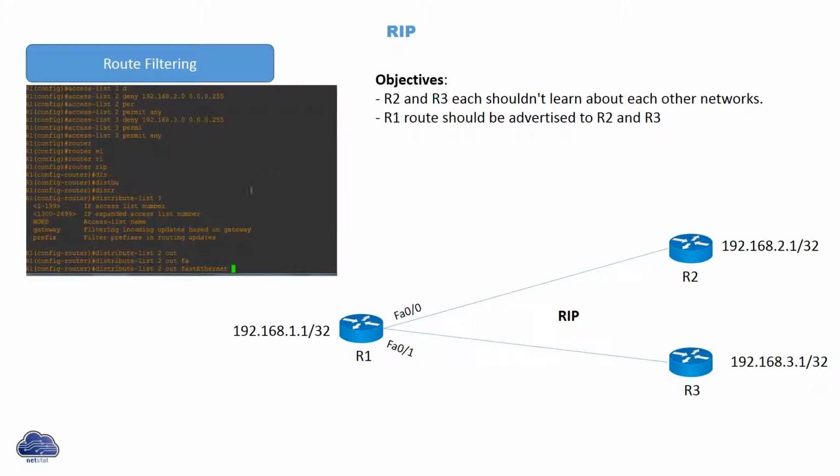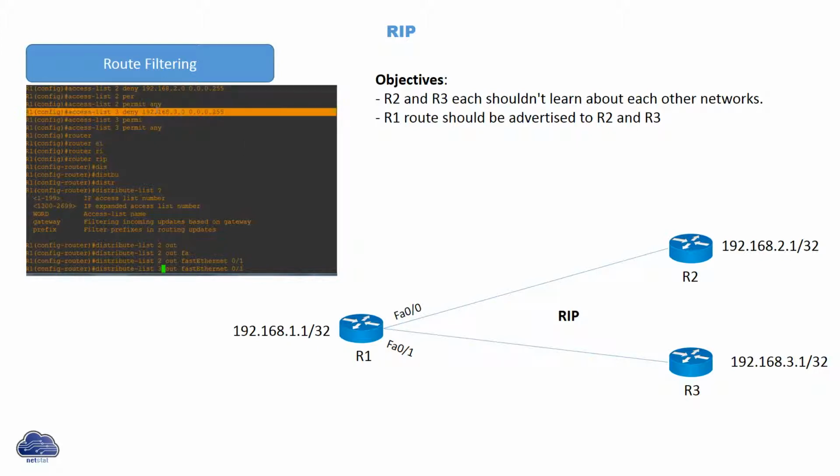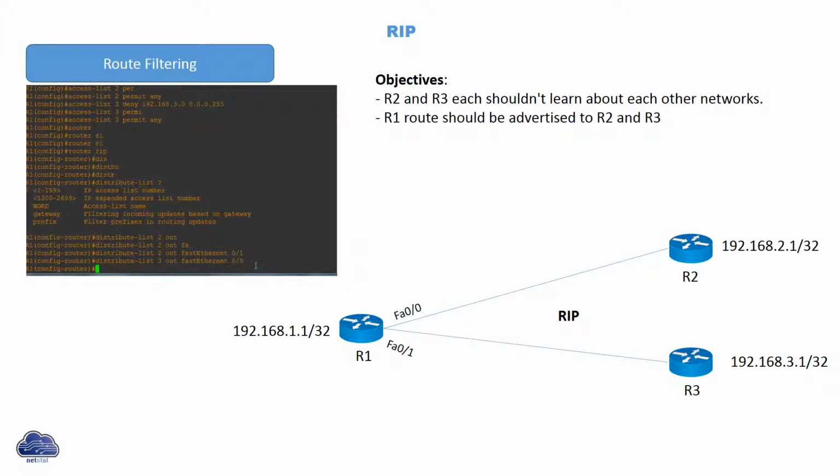Should be FastEthernet 0/1. And the same, we need to add a distribute list to apply access list 3 to filter the second network from leaving FastEthernet 0/0. So now we have the two distribute lists applied.